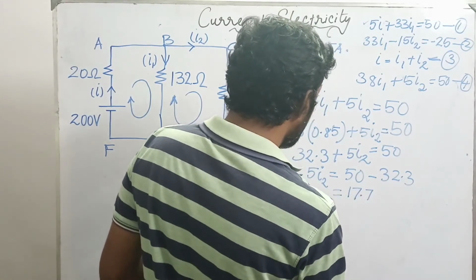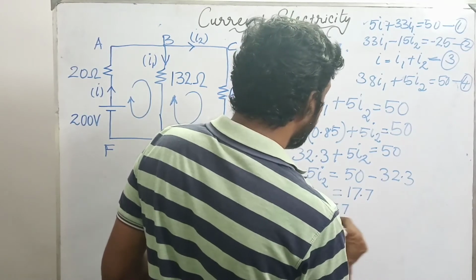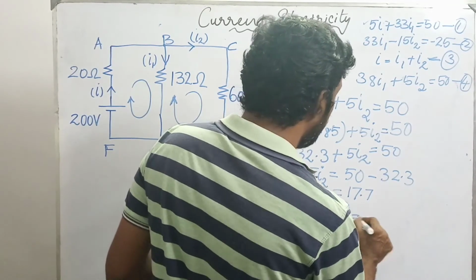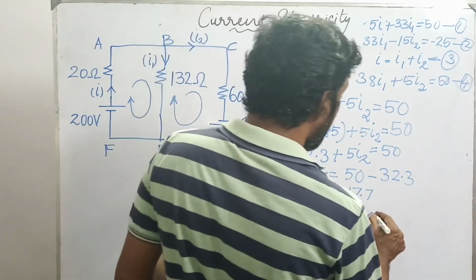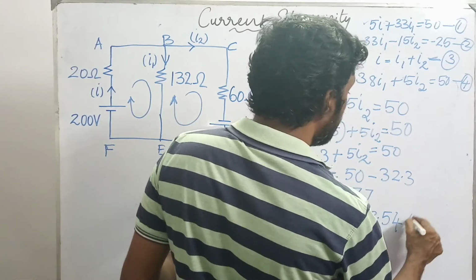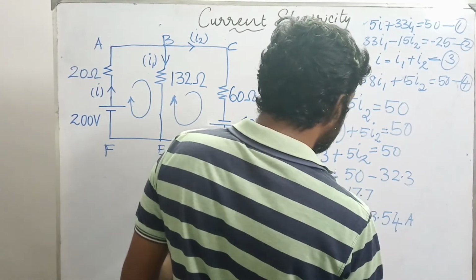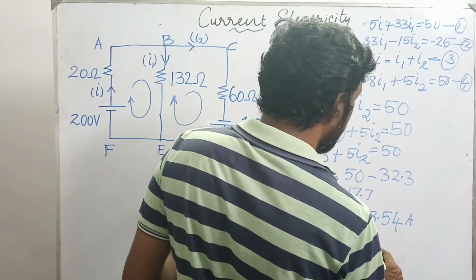Therefore I2 is 17.7 divided by 5, which is 3.54 ampere.